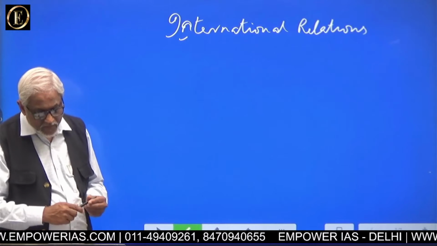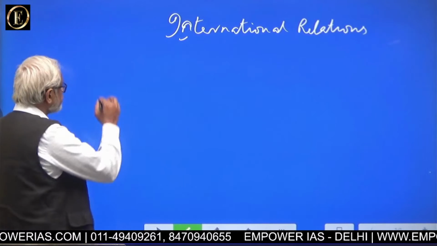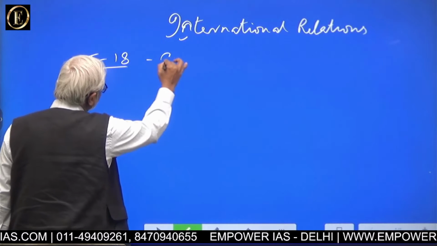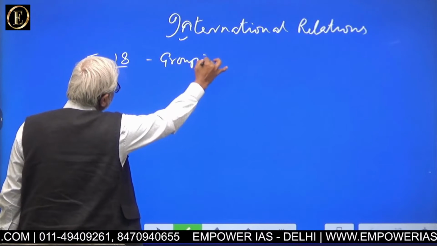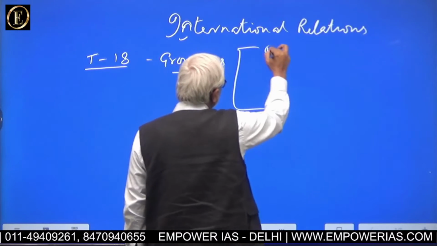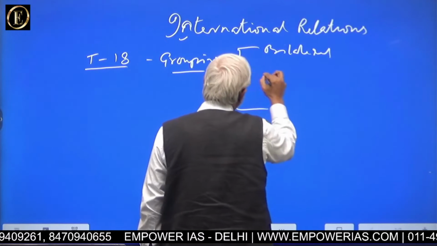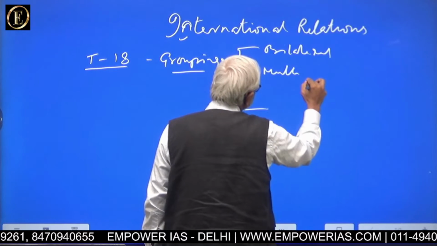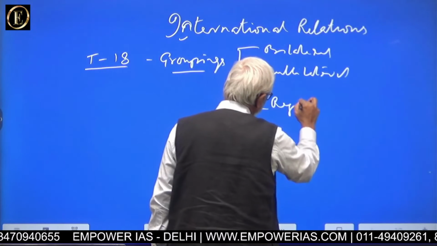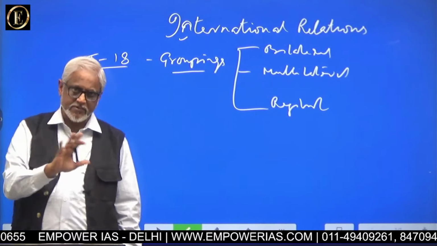Next is topic 18, T18, which I said is groupings. And groupings have bilateral, multilateral, regional. So there are various types of groupings; at least these three I am taking here.